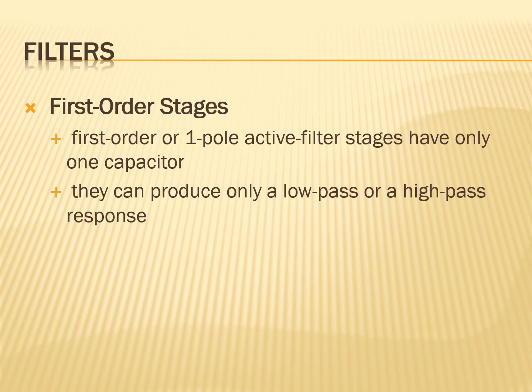First-order or one-pole active filter stages have only one capacitor. However, first-order or one-pole active filter stages can produce only either a low-pass or a high-pass response, because one pole or one capacitor can give us only one cutoff frequency.